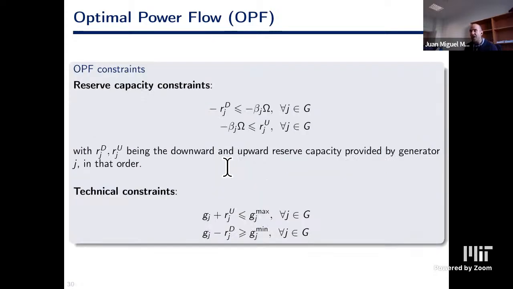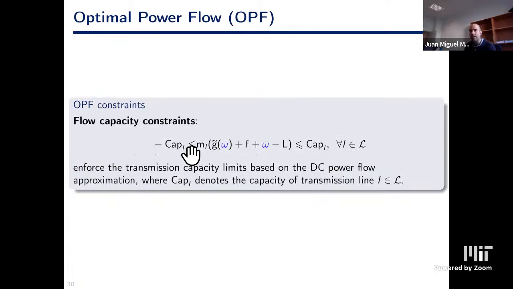As for the OPF constraints, we have the constraints determining the reserve capacity provision, RD and RU, and the capacity limits of the generators: the scheduled dispatch plus the reserve capacity provided must be lower than or equal to Gmax, or greater than or equal to Gmin, depending on whether we are talking about upward or downward reserve. Okay, and the transmission capacity limits.